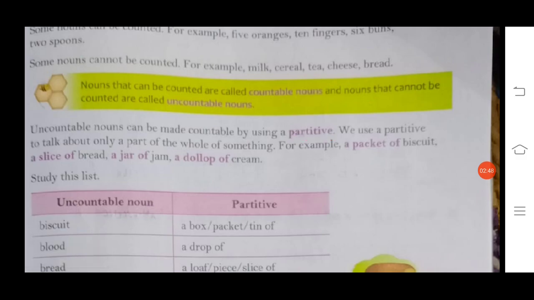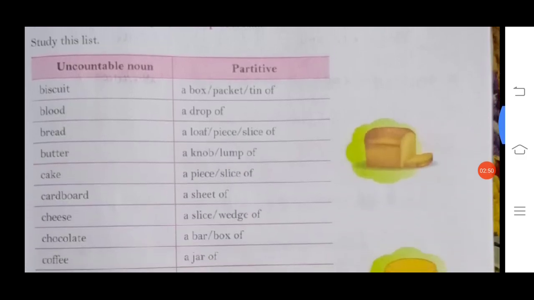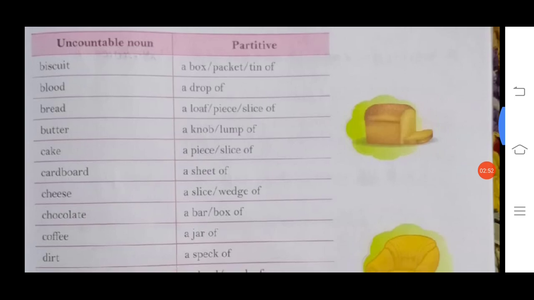Now one list is given. For example, biscuit is an uncountable noun. We can change it into countable by using a partitive, like a box of biscuits, a packet of biscuits, a tin of biscuits. Then bread, a loaf of bread, a piece of bread, a slice of bread.